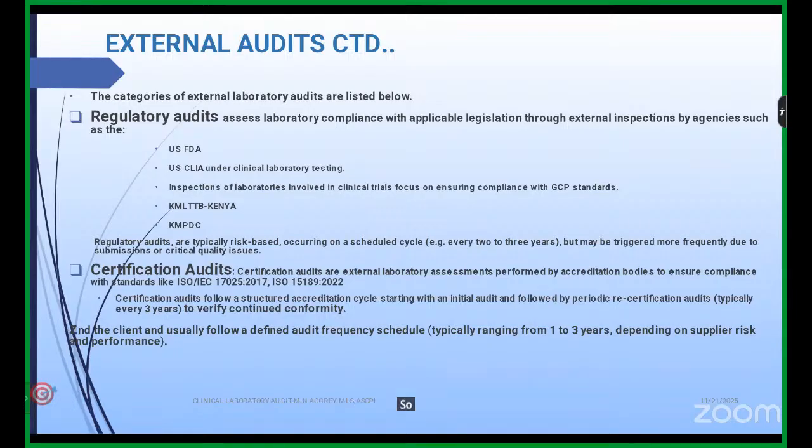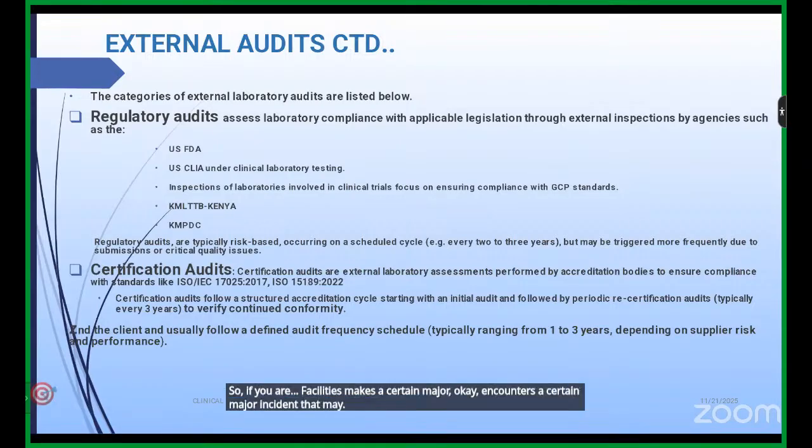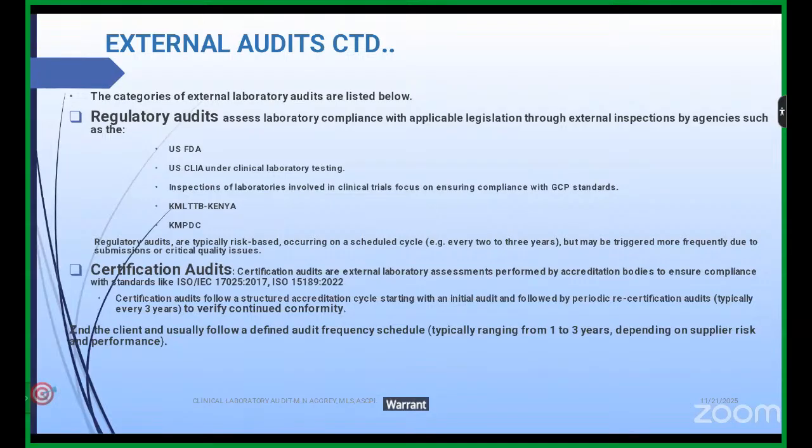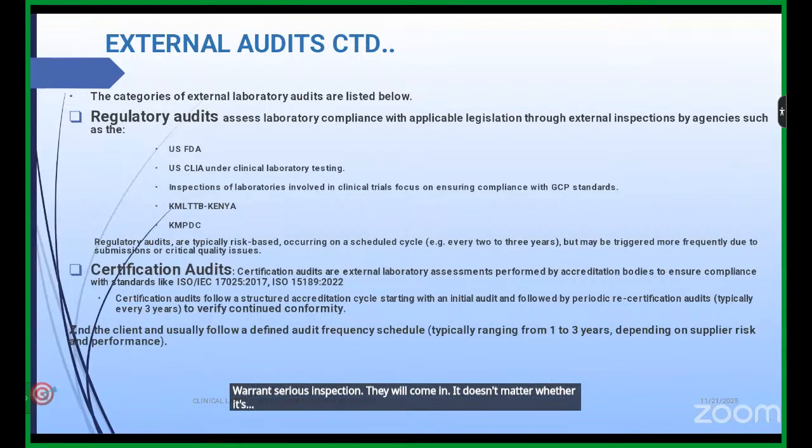So if your facility encounters a certain major incident that may warrant serious inspection, they will come in. It doesn't matter whether it's after 1 month or 2, they will come in and do an inspection.